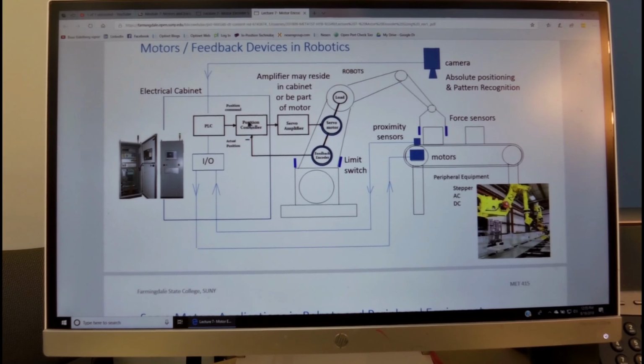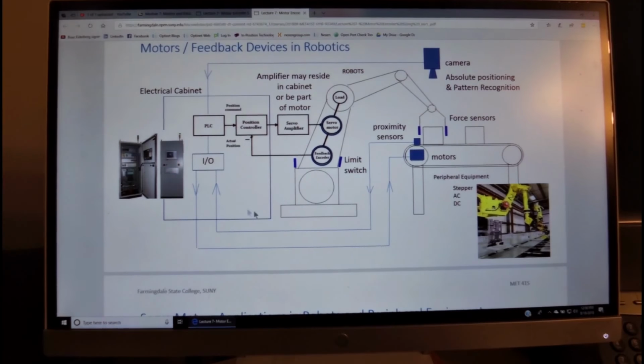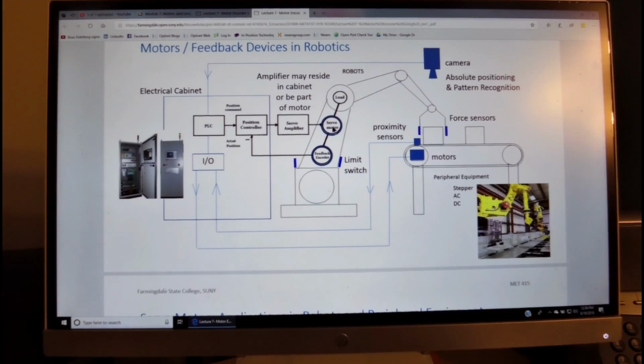There is a difference between the desired position and the actual position, which is defined as the error, and the controller filters are acting on the error, on a derivative over the error and an integral of the error to command the servo amplifier. So this shows us how the overall system uses motors and feedback devices.